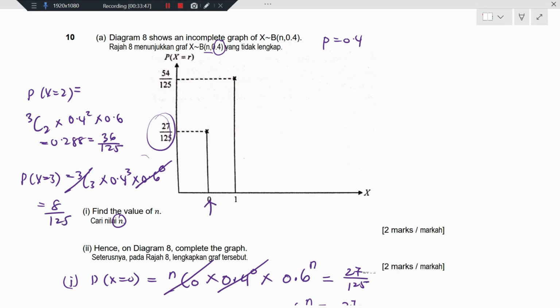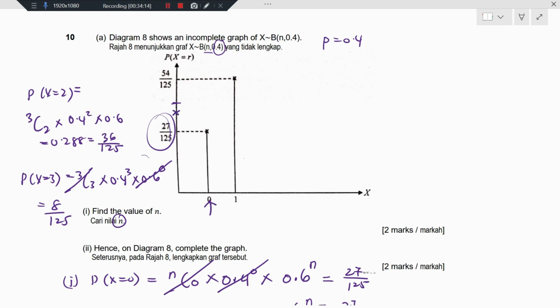So 36 over 125, I think it is in between. Is it in between? No. So you have to estimate. Between 27 and 54 is what? It's actually 40.5 here. So 36 should be around here.